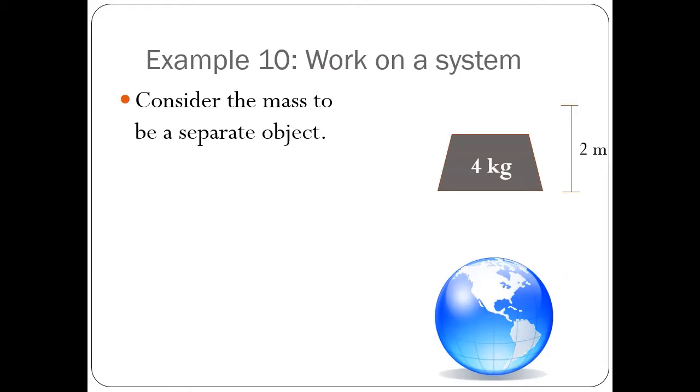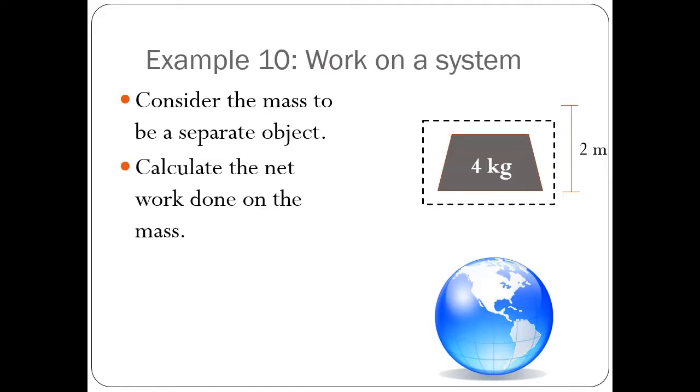This picture is not to scale. So first, we'll draw a dotted line around our mass and consider our mass to be a separate object. And we're going to calculate the net work done on the mass when we move it up.